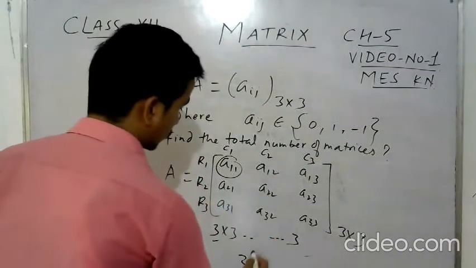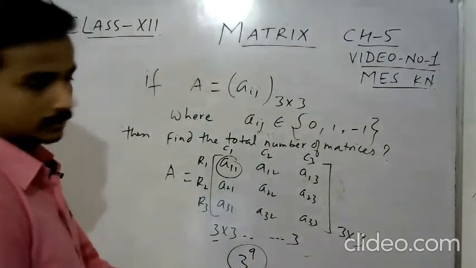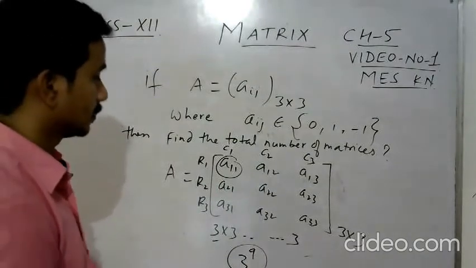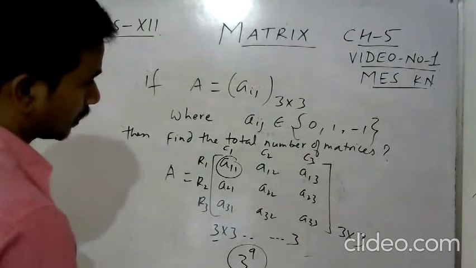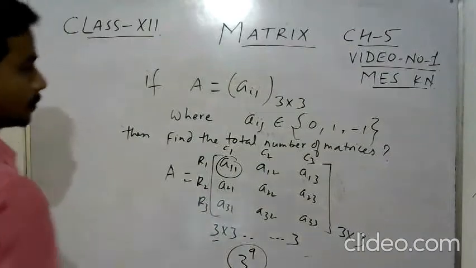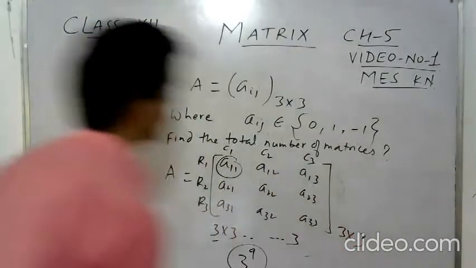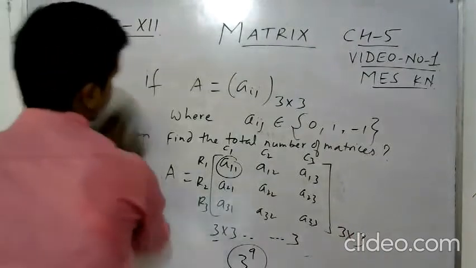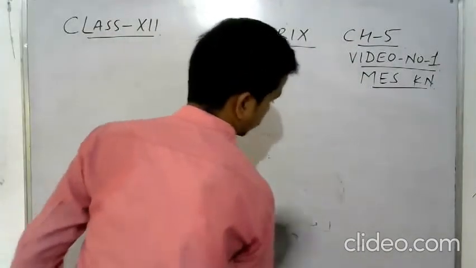So what is our answer? 3 to the power 9. So this many matrices will be possible. This is a very big number, and this is a simple permutation and combination problem.